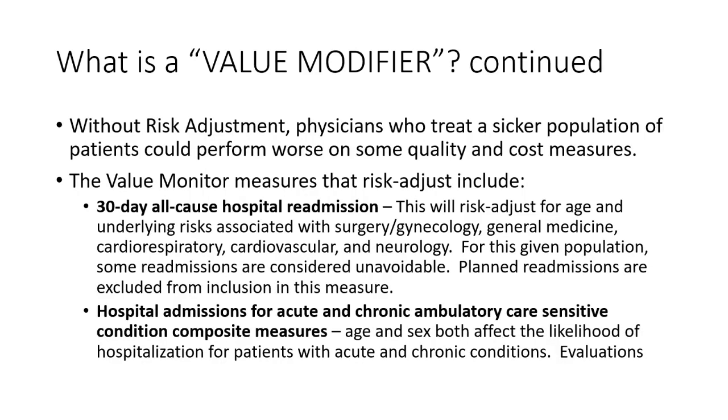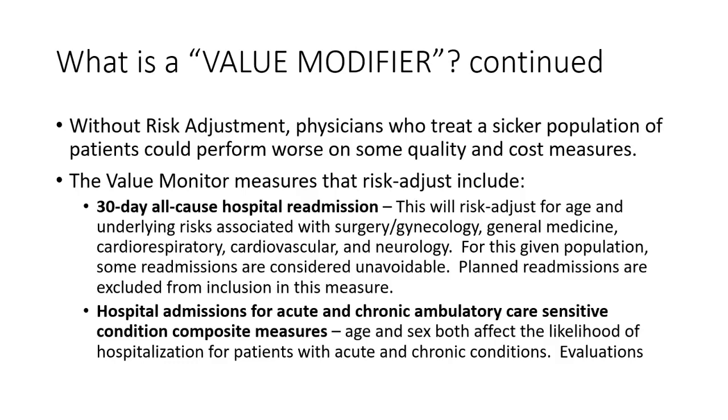Without risk adjustment, physicians who treat a sicker population of patients could perform worse on some quality and cost measures because it's going to look worse, when in actuality, we need to give them credit for treating sicker patients.